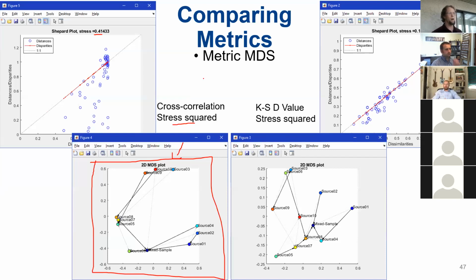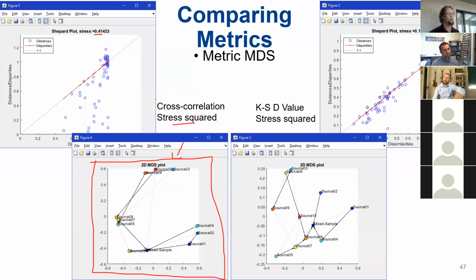So be aware of how you're reporting your data, how other people are reporting the data, and whether or not the correlation metrics and the MDS plots are providing a good representation of the dissimilarities between your samples.